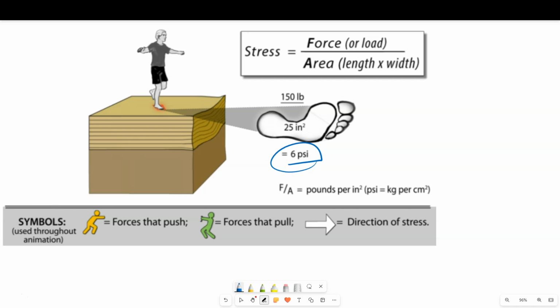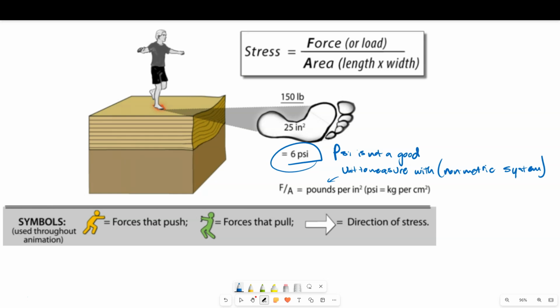We use pounds as a unit of force, although there are better units. The metric system is far superior to this. It uses base 10 and a prefix and root system that makes things very, very clear if you become comfortable with it. Because of that, I would say PSI is not a good unit to measure with because it's a non-metric unit.